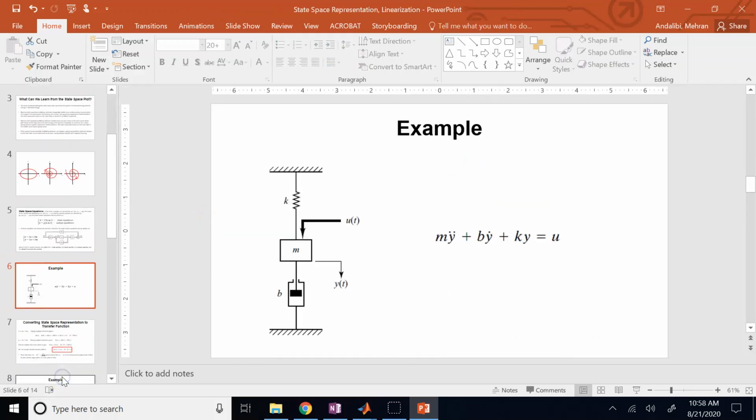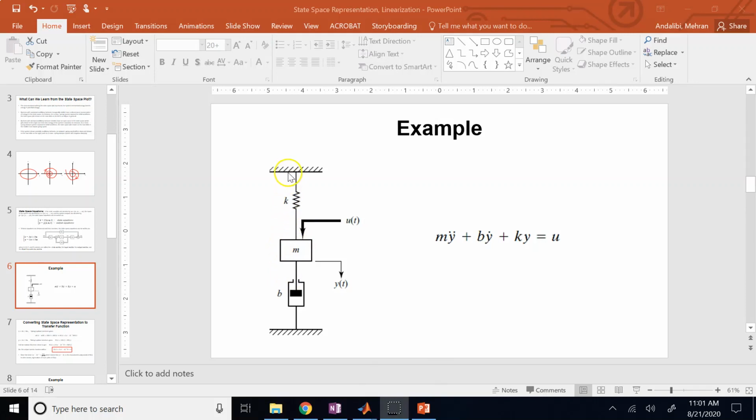Okay, now it might not be easy to digest in the beginning, so what I want to do with you is we go through an example, and then step by step I'll show you the meaning of each and every one of those formulas. So the system here that we are going to focus on is the simple mass spring damper system that we had.